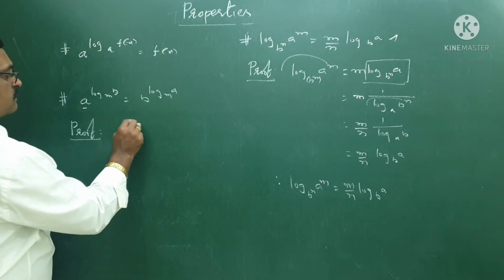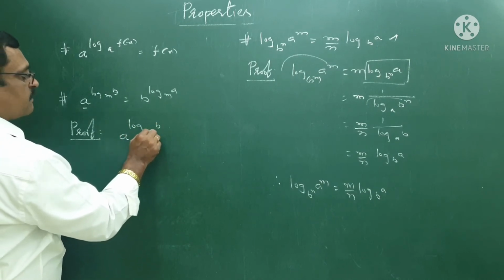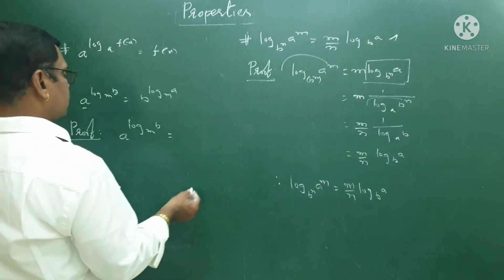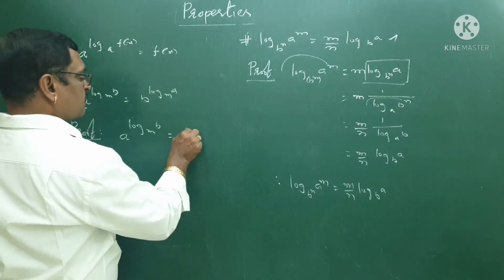A to the power of log B base m. Say for example, we'll call it p.